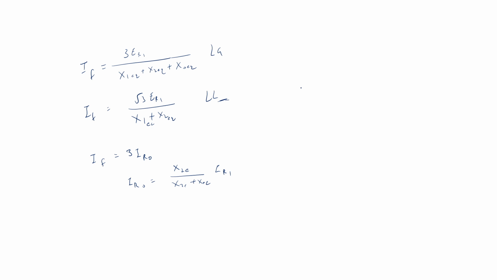IR1 is equal to ER1 by X1 plus X2 equivalent in parallel with X0. If fault impedance is given, we need to include fault impedance here. This is in case of LLG fault.